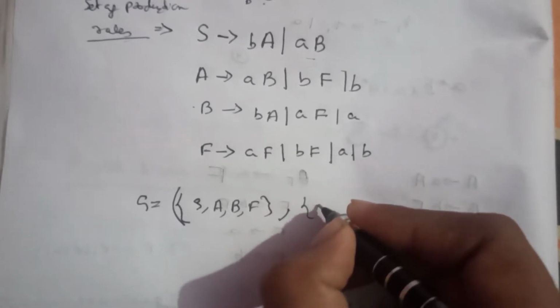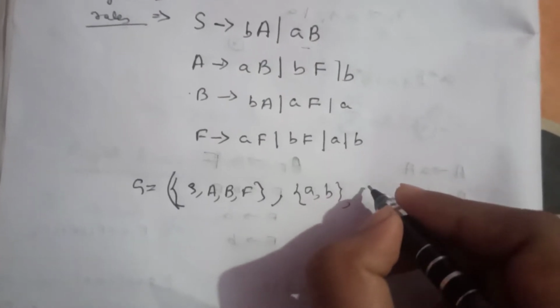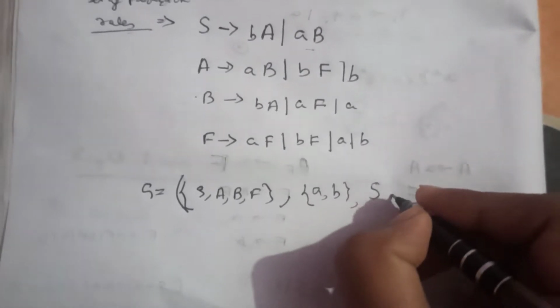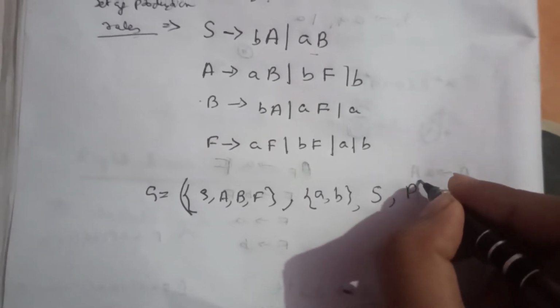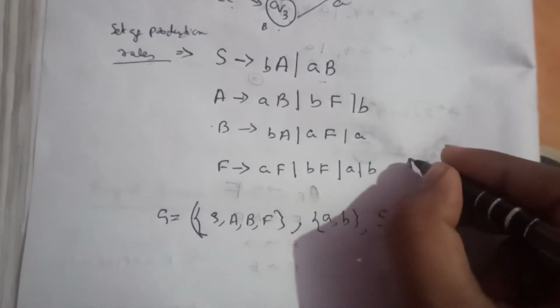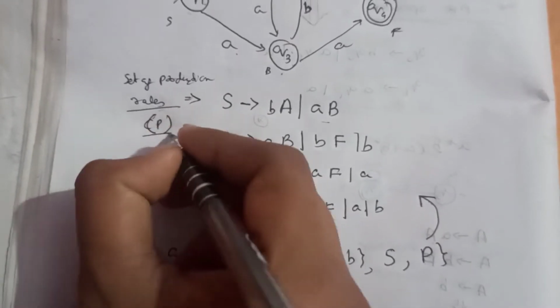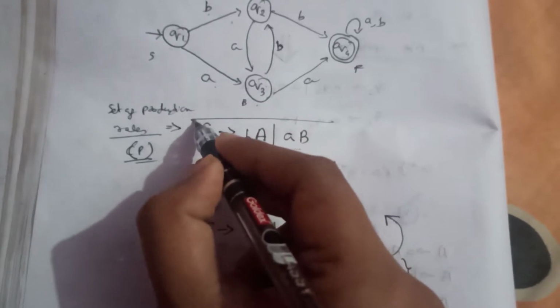What are the terminals here? A and B. Then there was the starting variable, which was S, and at the end there is the set of production rules. I have to write P equals to these 4 production rules.